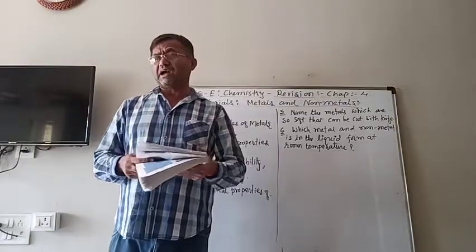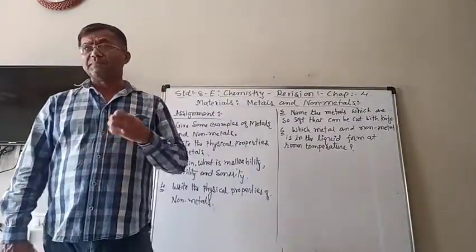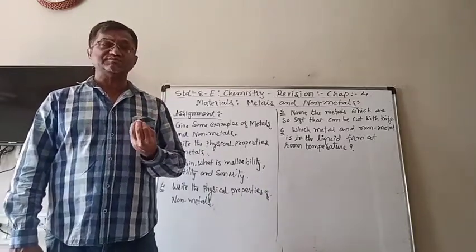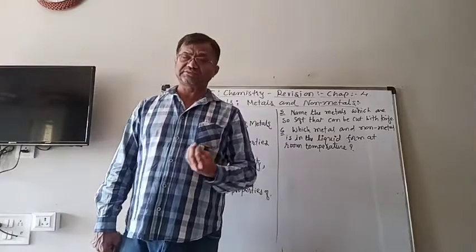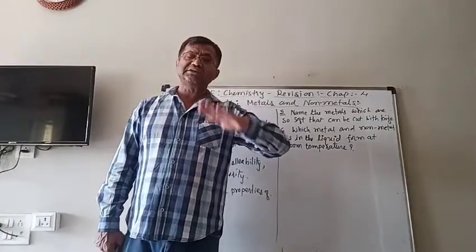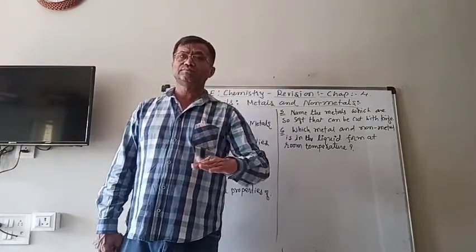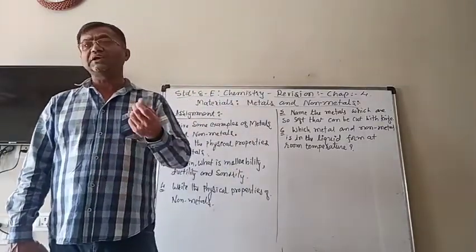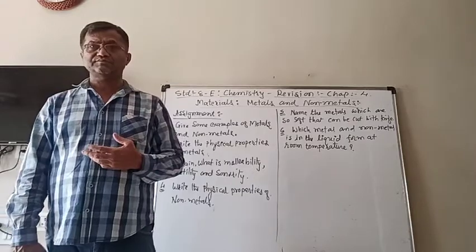non-metals are not malleable. Means you cannot make very thin sheets from the non-metals. If you beat the carbon coal, can you make a very thin sheet of it? No. It will turn into powder.